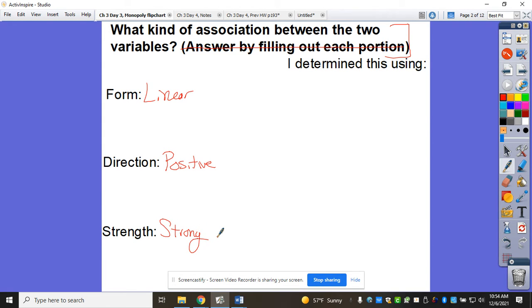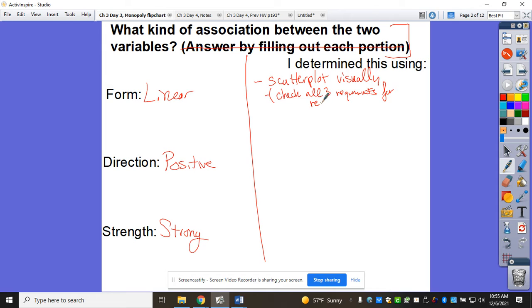How did we know that it was linear? Scatter plot visual. And at this point, we didn't know this, but tomorrow I'll also need to do what? What else do I need to check to see if it's linear? Check all three requirements for the residuals plot.